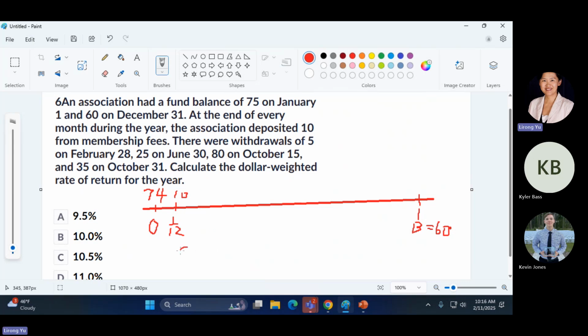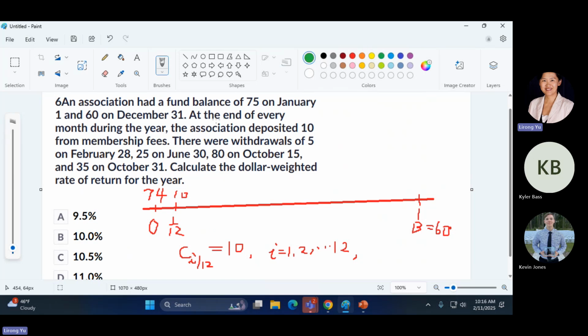It's a little bit hard to draw, but for every month there is a deposit of 10. I will draw it on the timeline, and k goes from 1 to the end of every month. So that means there's also a $10 deposit at 12 months, December as well. So there are 12 deposits of 10.